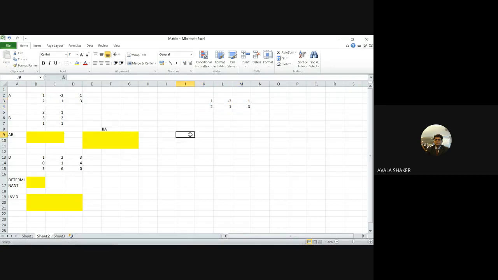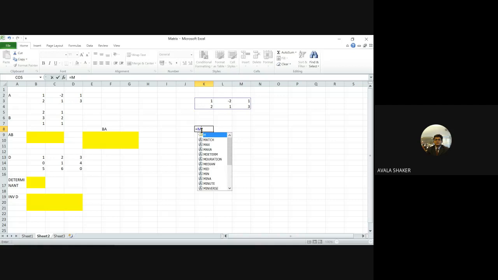Henceforth, when you want to use that array, you just say equal to M, and now you see that when I write this, this whole array is being selected. Is this clear? Yes, sir. Thank you, sir.